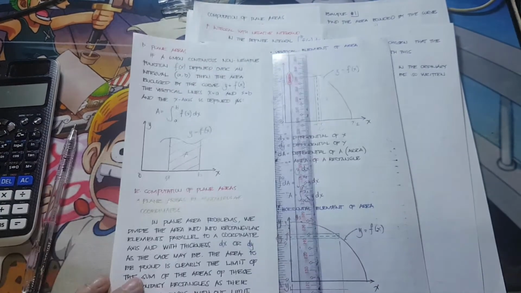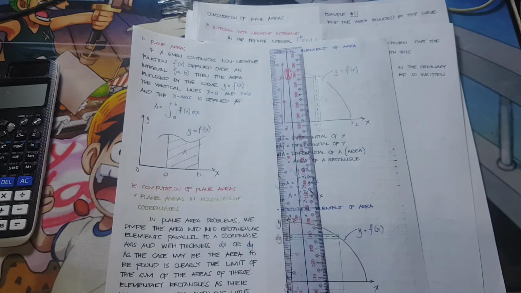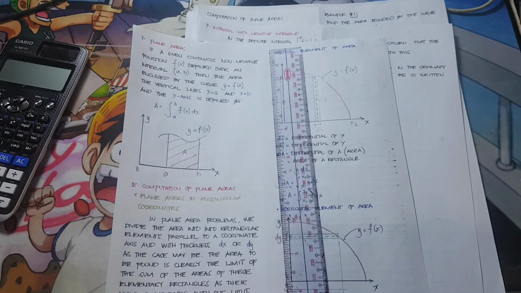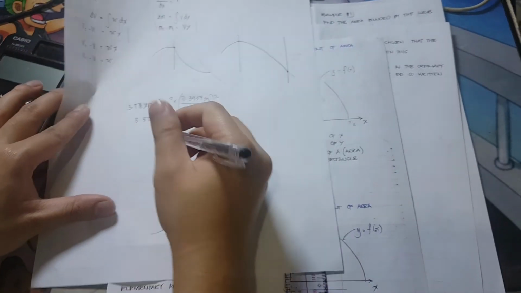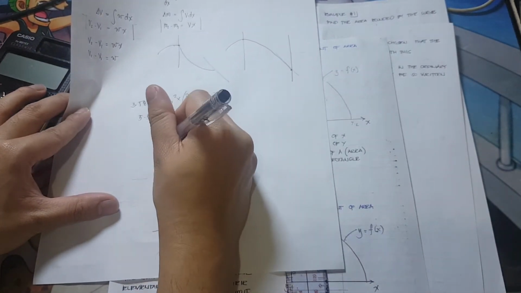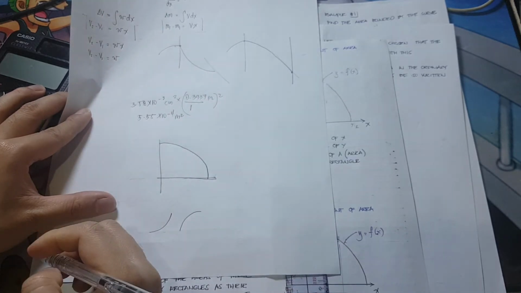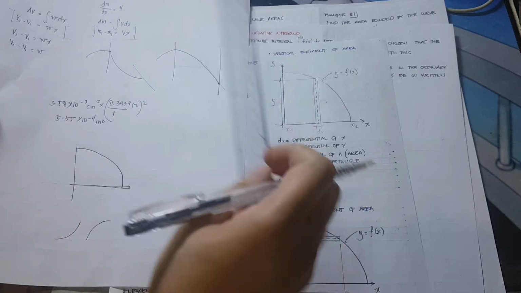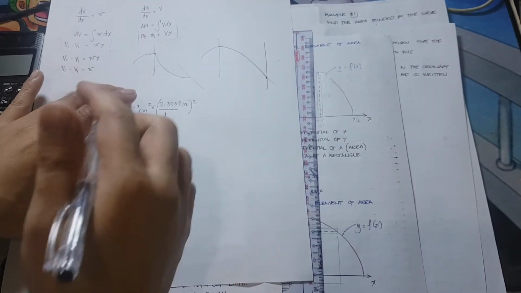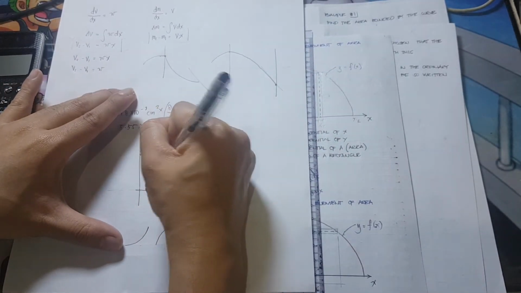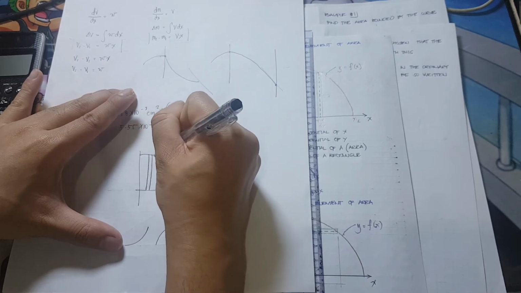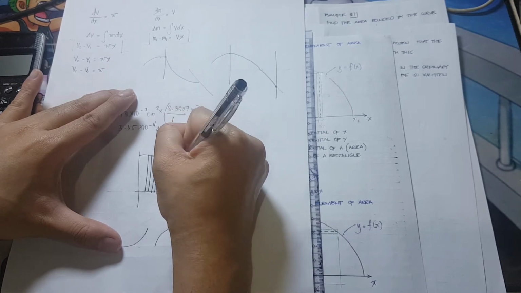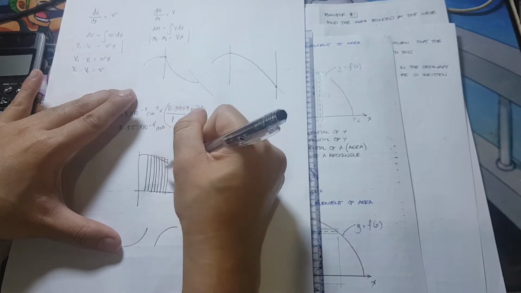So it would look like this. If this is your curve, I am going to use small vertical strips.